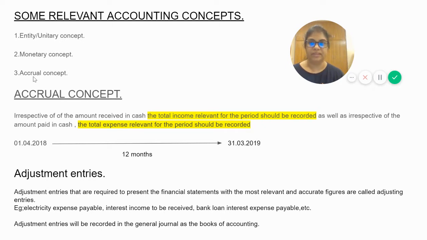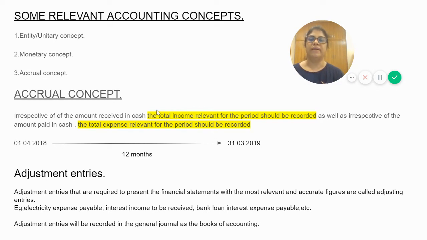The book says, irrespective of the amount received in cash, the total income relevant for the period should be recorded, as well as irrespective of the amount paid in cash, the total expenses relevant for the period should be recorded.